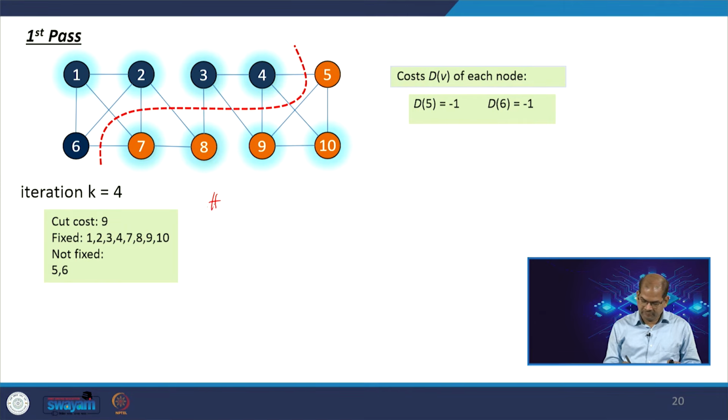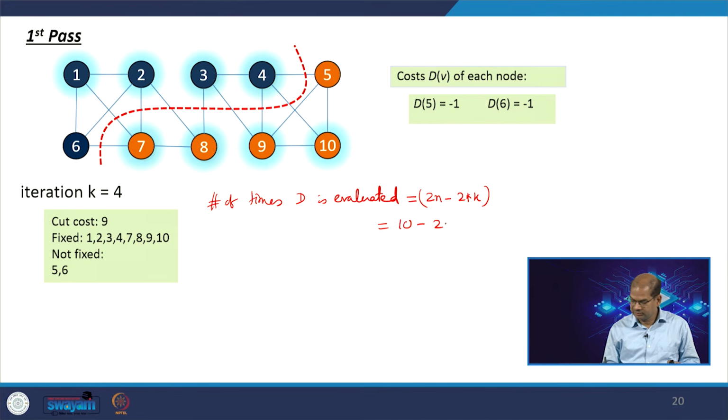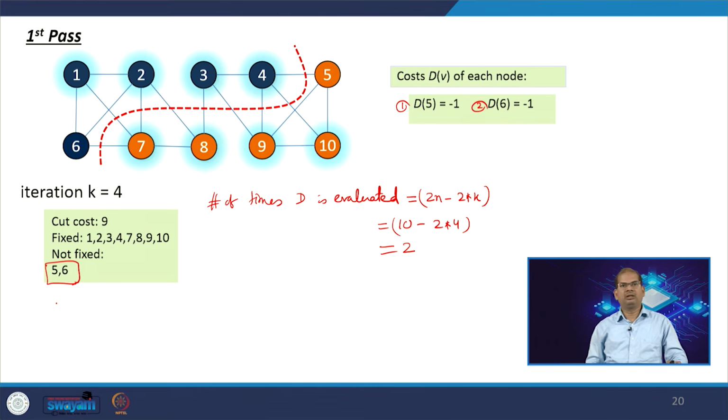The number of times the D is evaluated is basically 2 n minus 2 into k. So, 2 n is basically 10 minus 2 into 4. So, the number of times the evaluation is 2, this is 1, this is 2. So, for these 2 unfixed nodes we need to calculate the D.